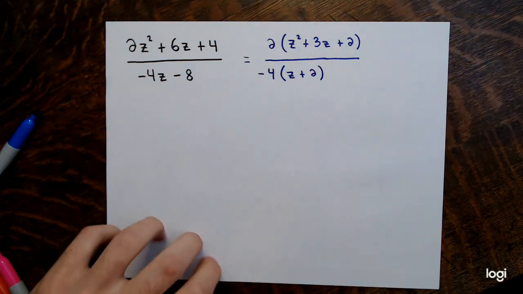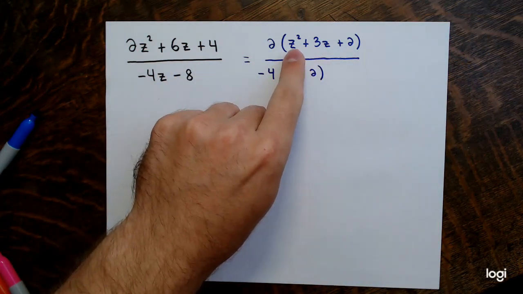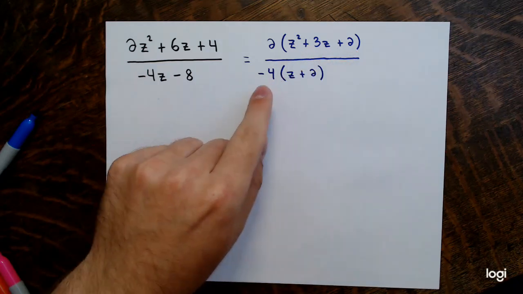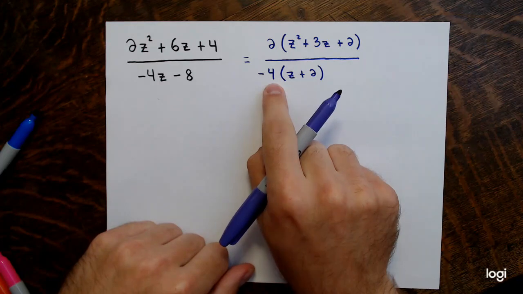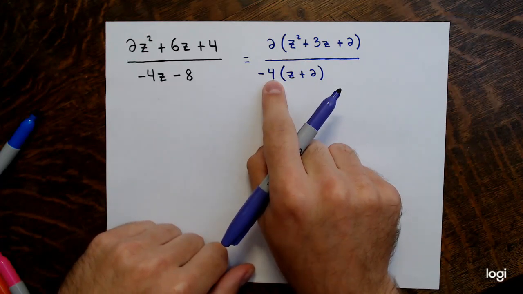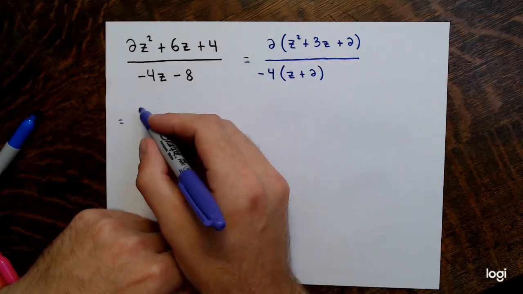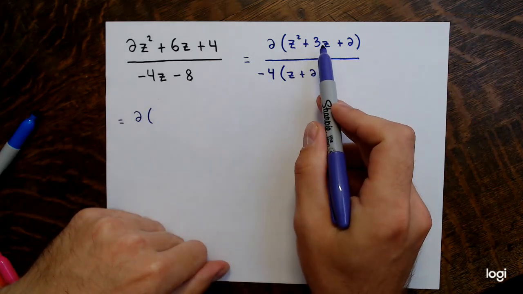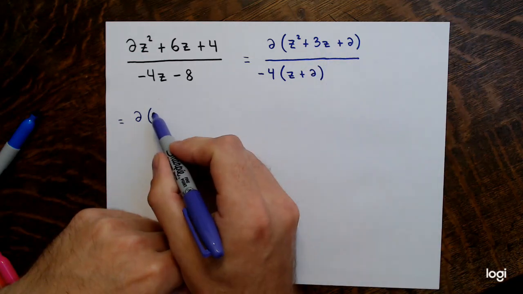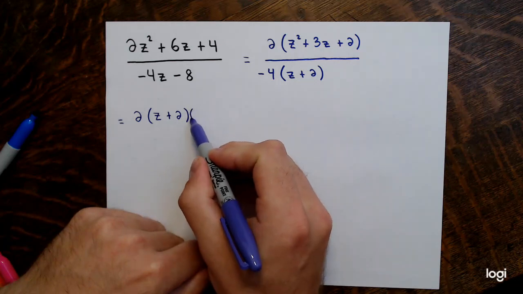Okay. So the numerator is factored a little bit, not completely though. We can take z squared plus 3z plus 2 down further, and this can factor a little more if you want. If you want to say 4 is 2 times 2, so I'll do that here. So in the numerator, I've got 2 times, and then z squared plus 3z plus 2 would factor to z plus 2 times z plus 1.